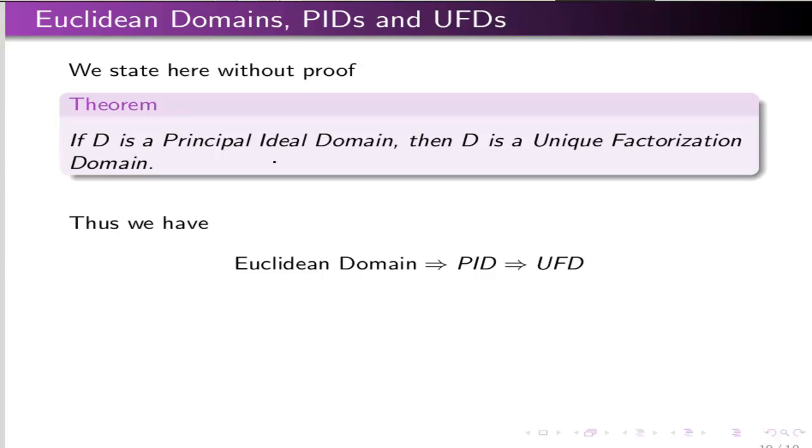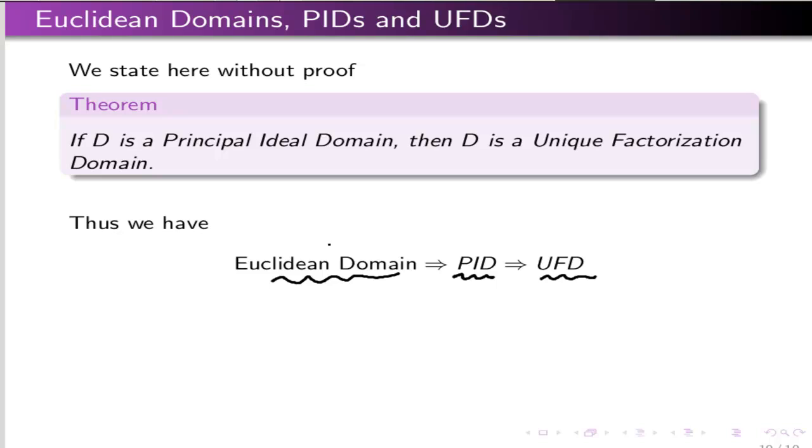So if D is a PID, then D is a UFD. And so altogether we have the following implication. If you have a Euclidean domain, then it's a principal ideal domain. And if you have a principal ideal domain, then it's a unique factorization domain. So UFDs are the biggest collection of things, and Euclidean domains are very special examples of UFDs.